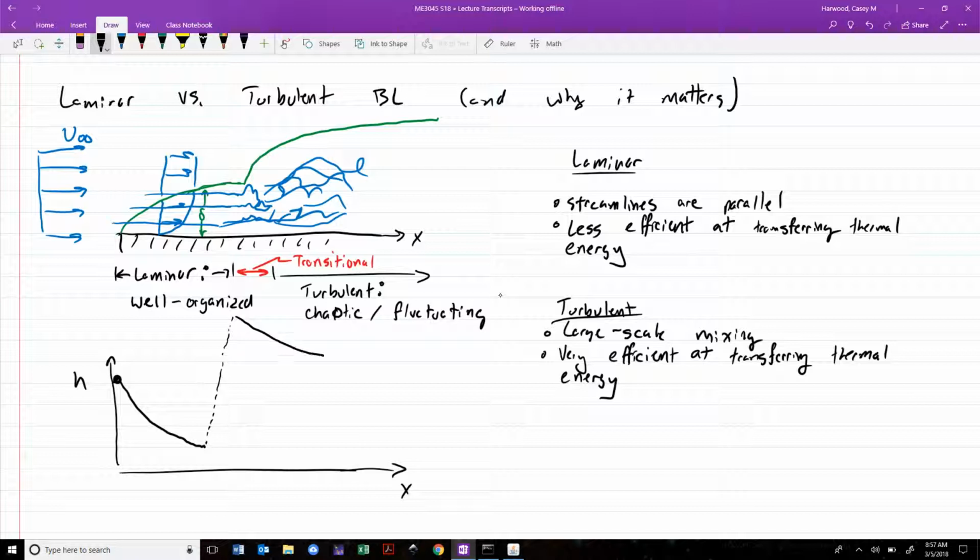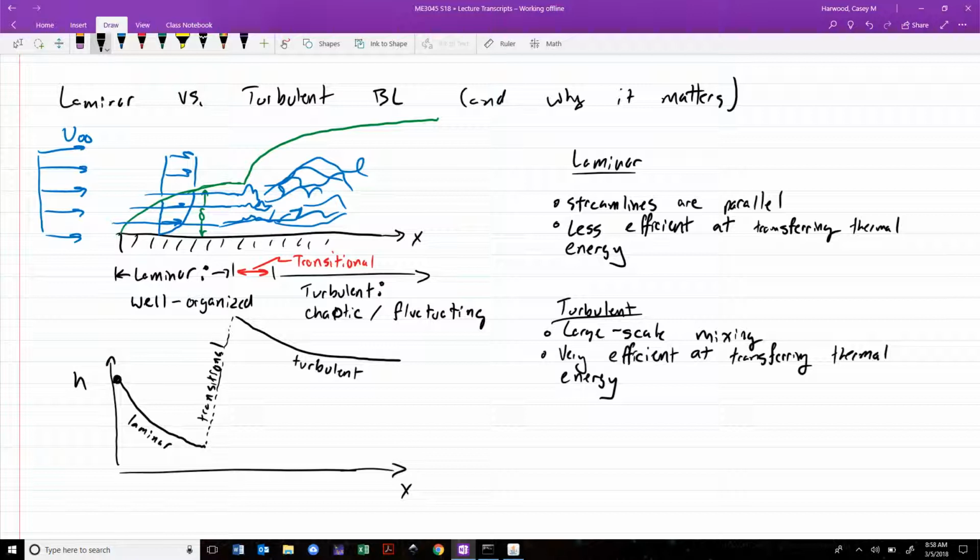So you have this piecewise behavior where it decreases within each type of boundary layer, but when you jump from one type to the other, it goes through this huge increase. So we'd say this is laminar, this is turbulent, and here's our transitional region.